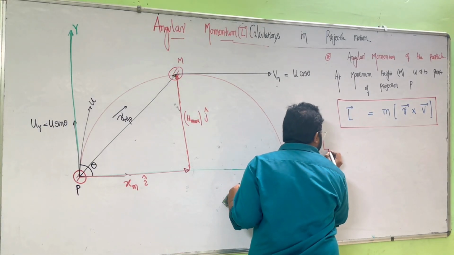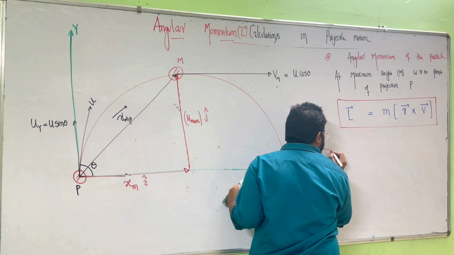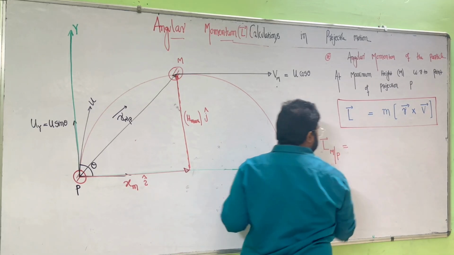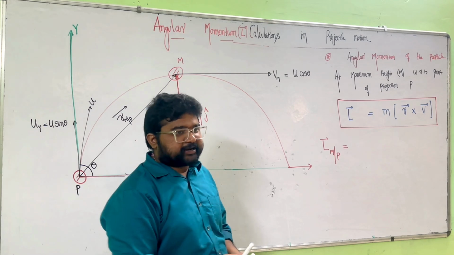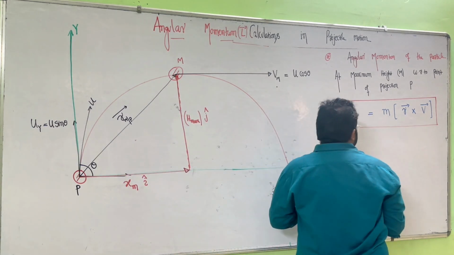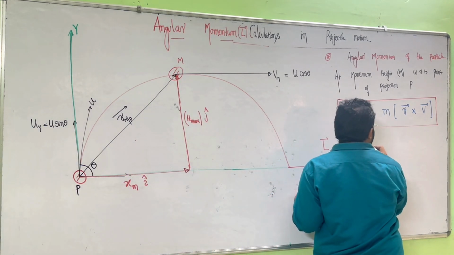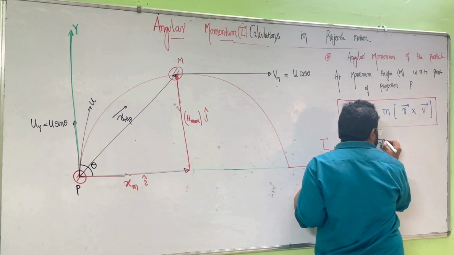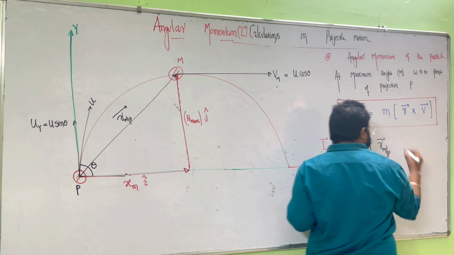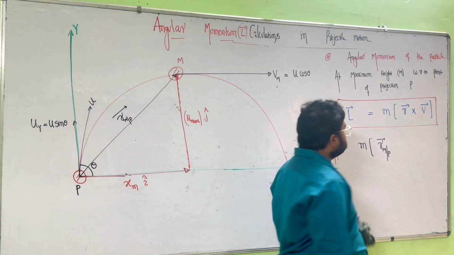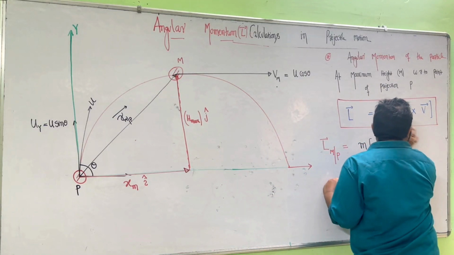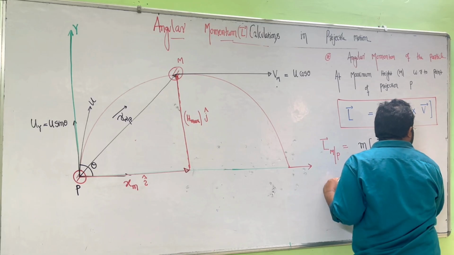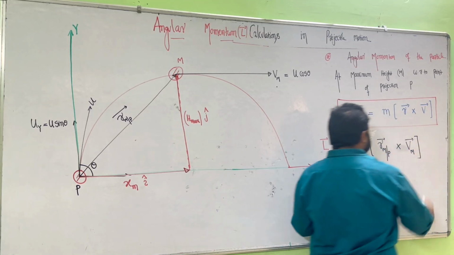So the angular momentum of the particle at position m with respect to the point of projection is nothing but m into the position of the particle with respect to the point of projection, cross the velocity of the particle at maximum height.